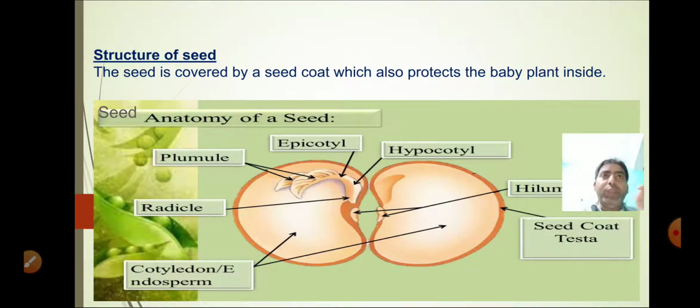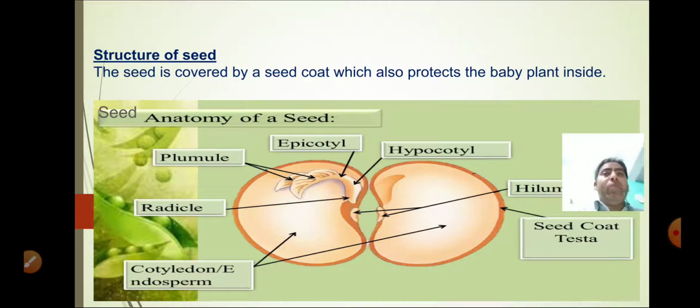A seed is a reproductive unit which grows into a new plant in suitable conditions. A seed contains an embryo and cotyledon having stored food for its development.